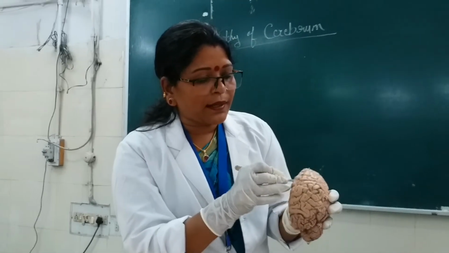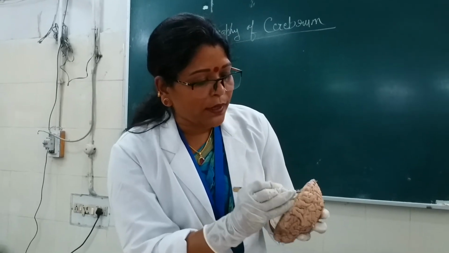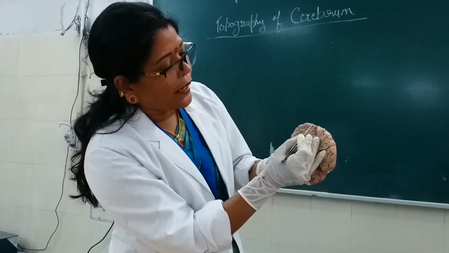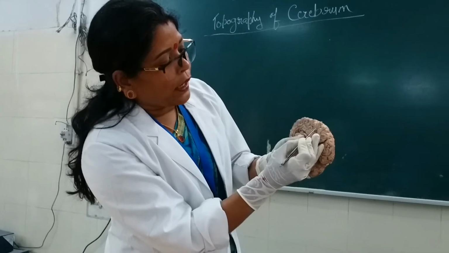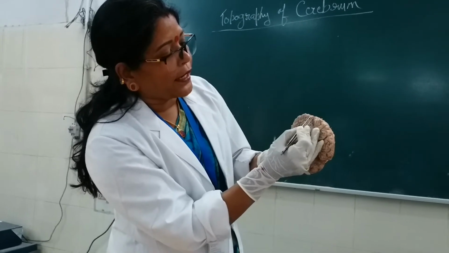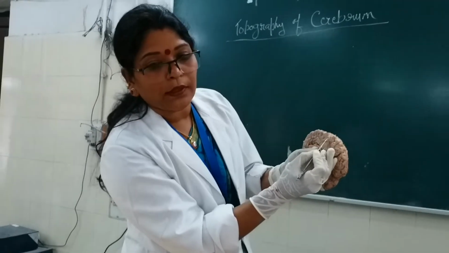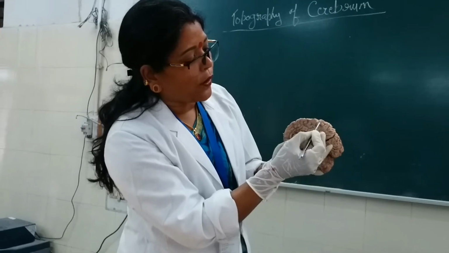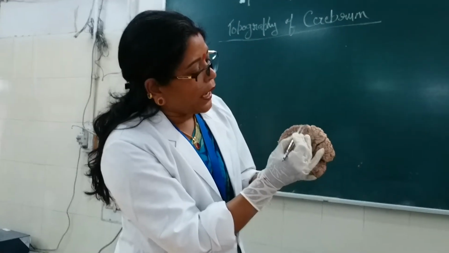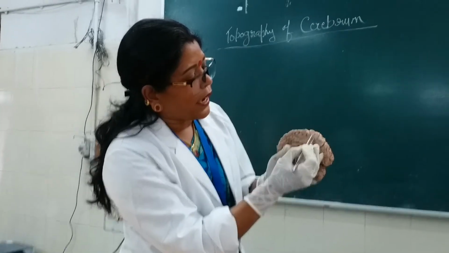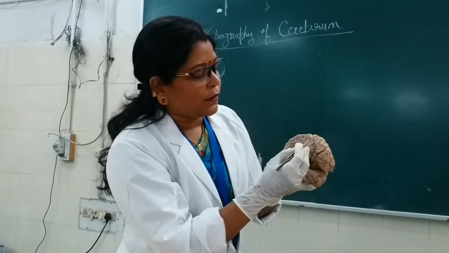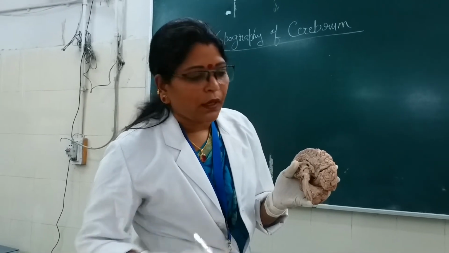But this central sulcus, look here. On the superolateral surface, this central sulcus also runs a little bit onto the medial surface here, and the gyrus around this central sulcus is known as the paracentral lobule. This is the upturned part of the central sulcus on the medial surface of the brain, with the anterior and posterior gyri surrounding it.